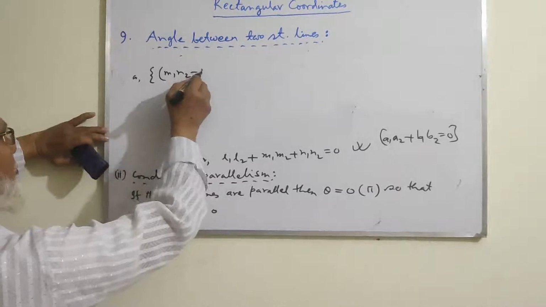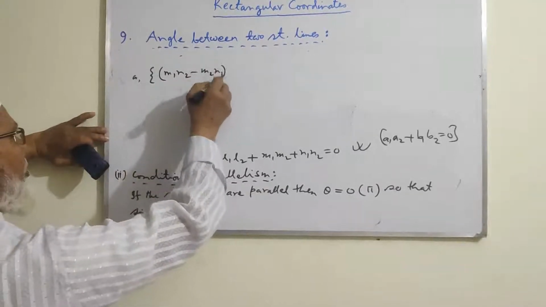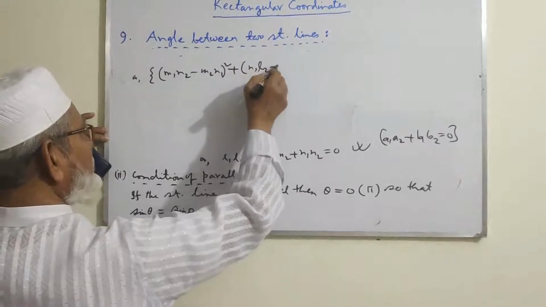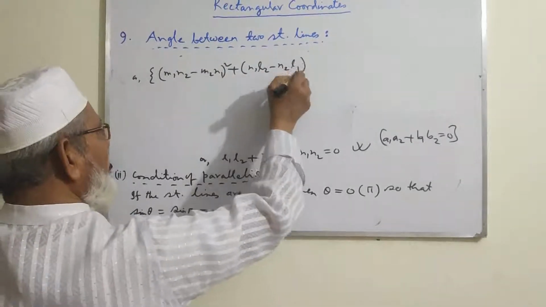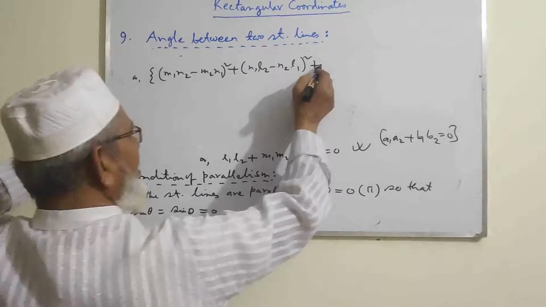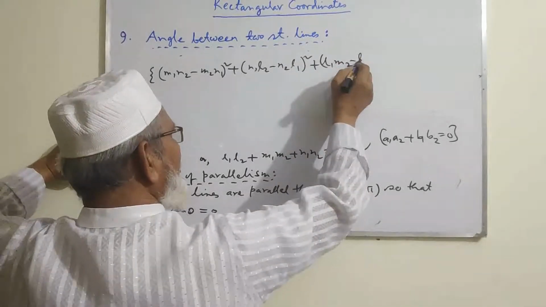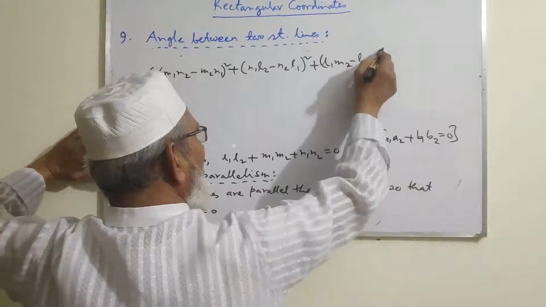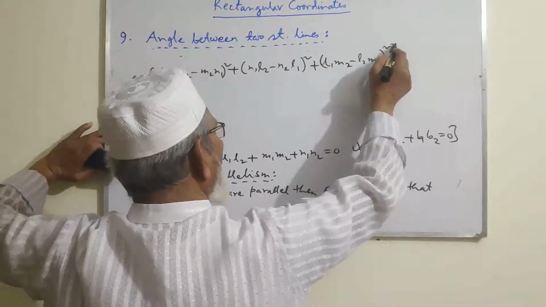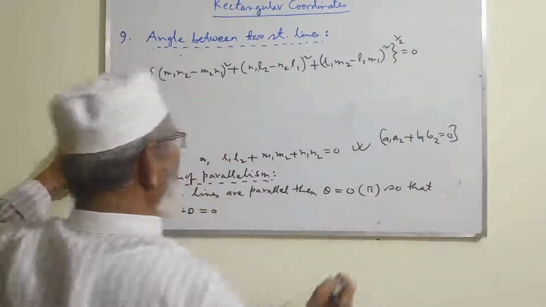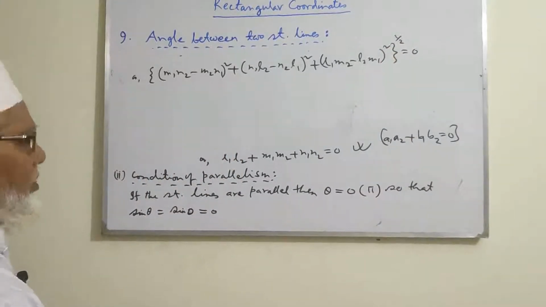Sin theta is [(m1 n2 minus m2 n1) whole square plus (n1 l2 minus n2 l1) whole square plus (l1 m2 minus l2 m1) whole square] to the power half, which is 0. That is sin theta, sin theta is 0.